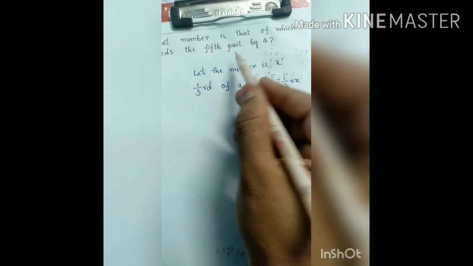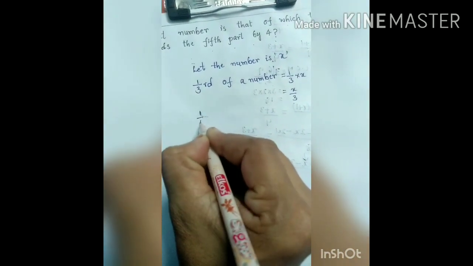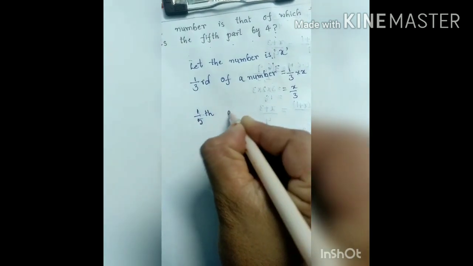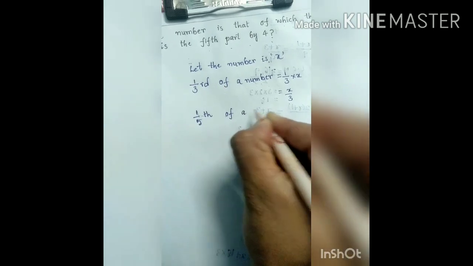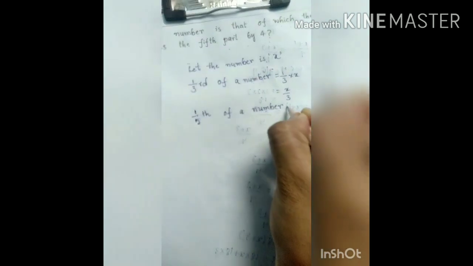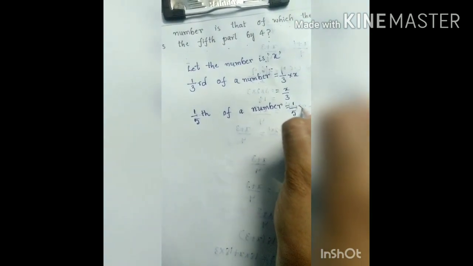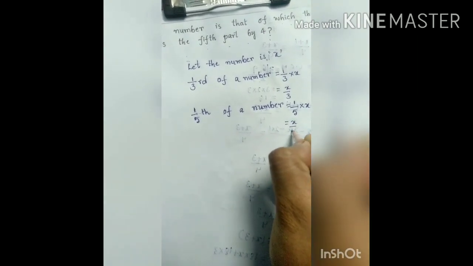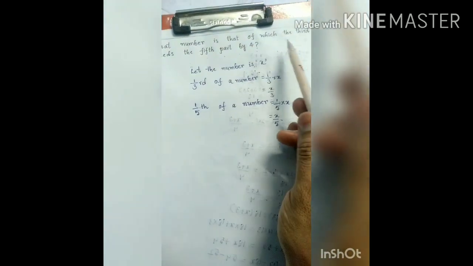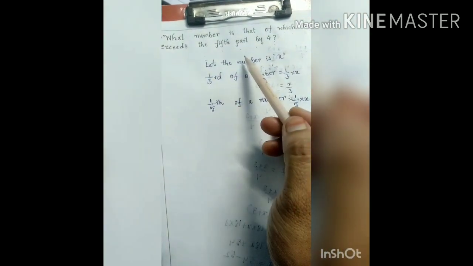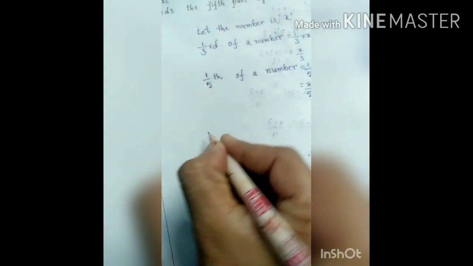Same time, the fifth part, 1/5 of a number, equal to 1/5 into x, that is equal to x by 5. Okay children, according to the problem, the third part exceeds the fifth part by 4.